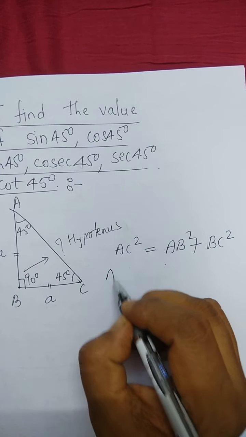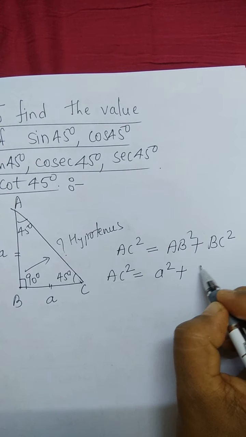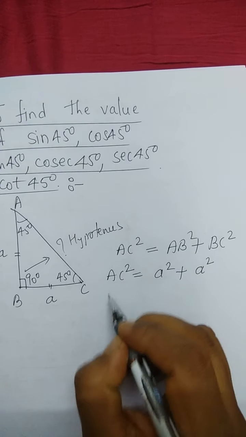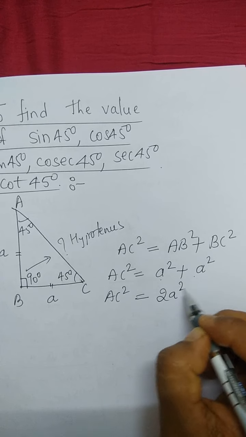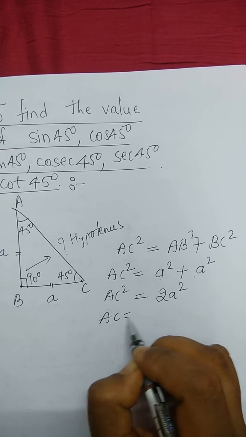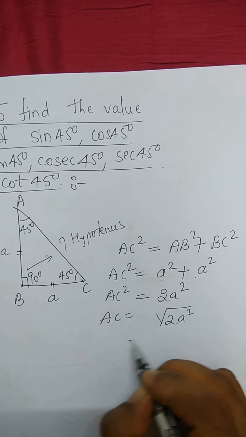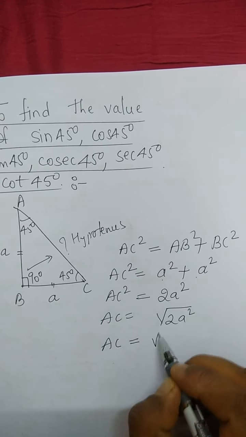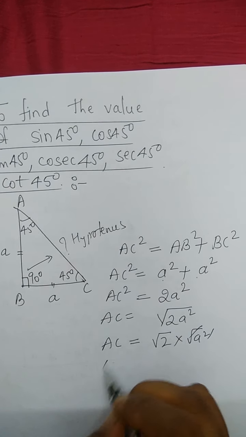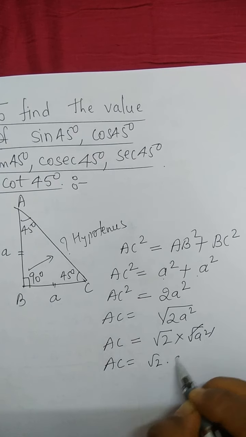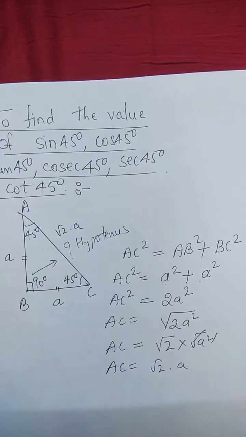AB square is a square, and BC also a, so BC square means a square. So AC square will be equal to a square plus a square. You will get 2a square. So AC will be equal to square root of 2a square. Again write it separately: root 2 into root a square. So square root cancel. You will get AC value as root 2 into a. So the hypotenuse value we got is root 2 into a.